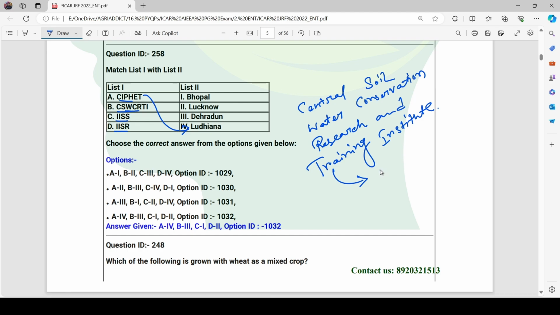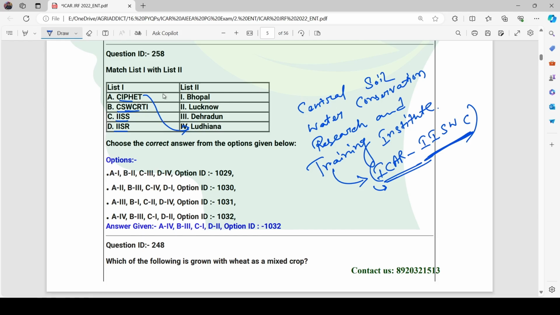The new name is ICAR-IISWC, that is ICAR Indian Institute of Soil and Water Conservation. So this is the new name of CSWCRTI. Just remember this. These are important current affairs information for the JRF examination. So try to remember these newest terms and the changes of various institute names.